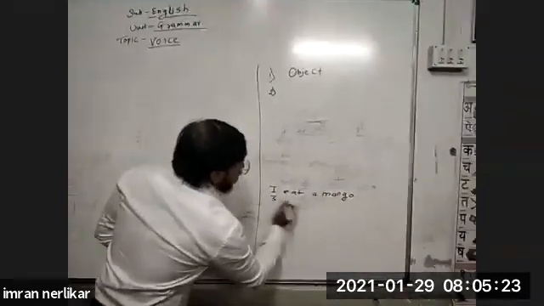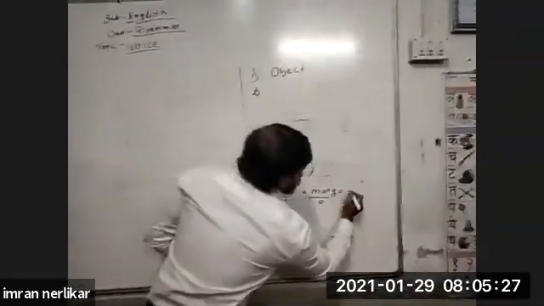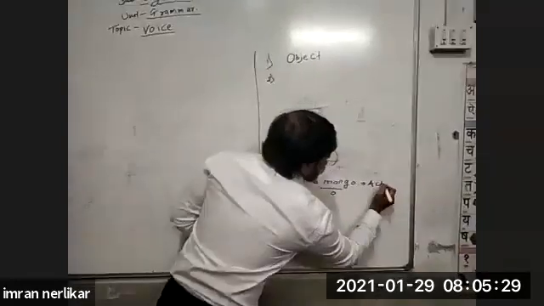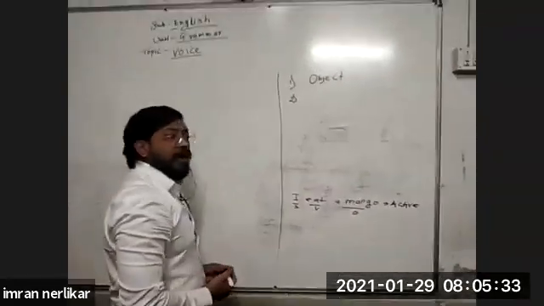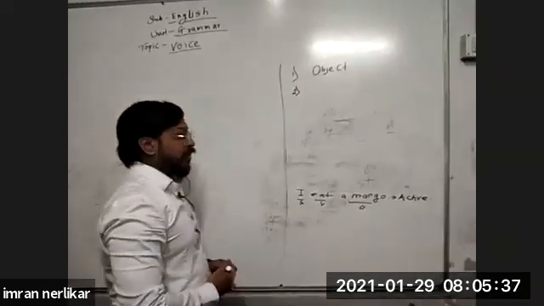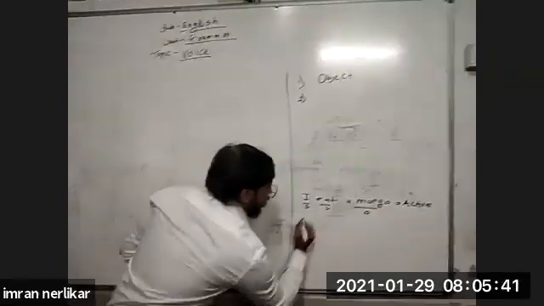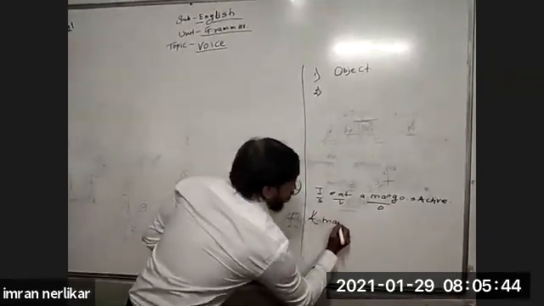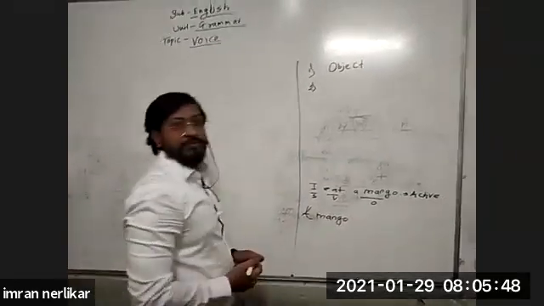This is subject, this is verb, and this is object. The sentence is in active voice. While writing this sentence in passive voice, we have to take the object first, that is a mango.